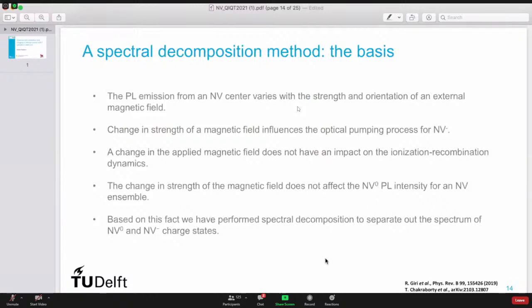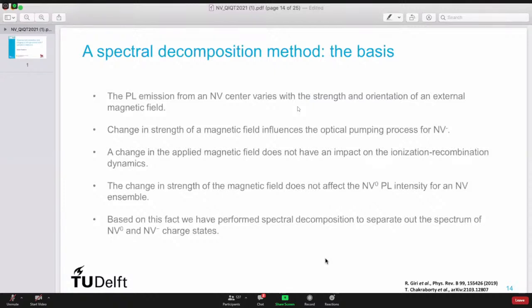Now we have used a magnetic field assisted decomposition technique. It has been observed that when an off-axis magnetic field is applied and its strength is varied, the ionization and recombination change. This works in two different ways for single NV and for ensemble NVs. For a single NV, the ionization rate changes, and it also changes the NV0 and NV minus population.